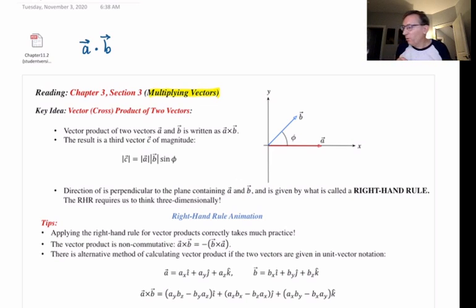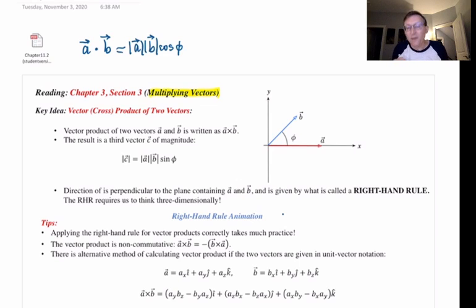And so the rule for calculating the scalar product of two vectors was take the magnitude of the first vector, the magnitude of A, then scalar multiply it with the magnitude of the second vector, B, and then scalar multiply that with the cosine of the angle we call phi, where phi is the angle between A and B when they're drawn with a common tail.